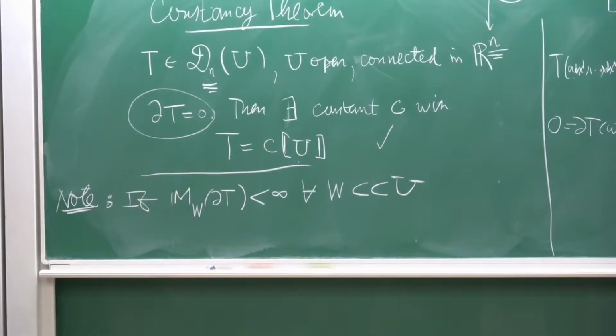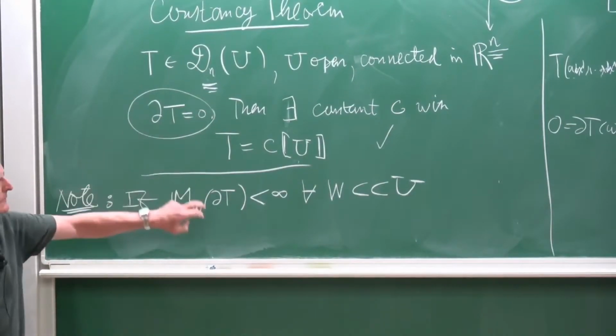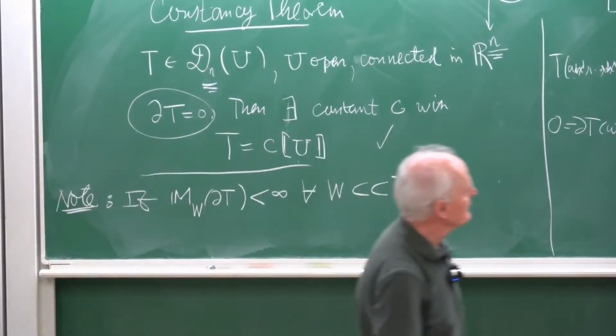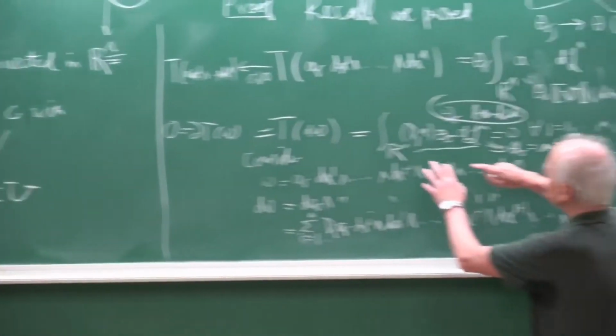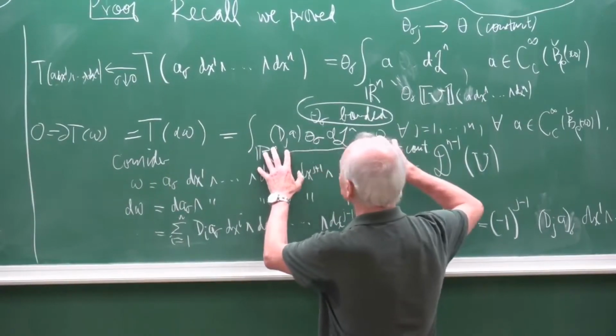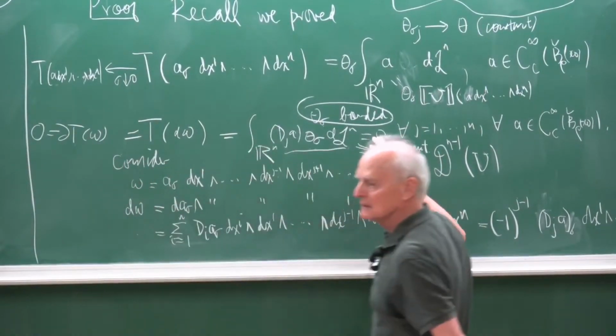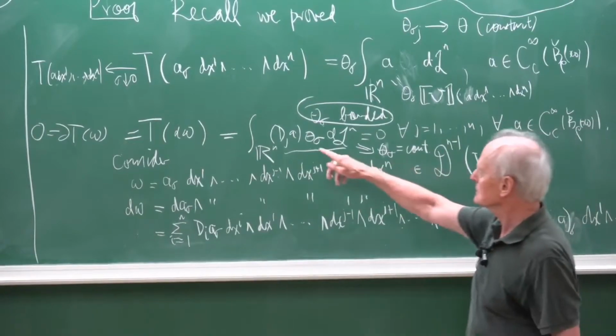How does it change this proof? Well, this is no longer 0, but at least it's bounded, less than a constant times A.